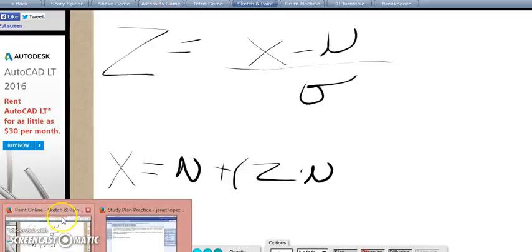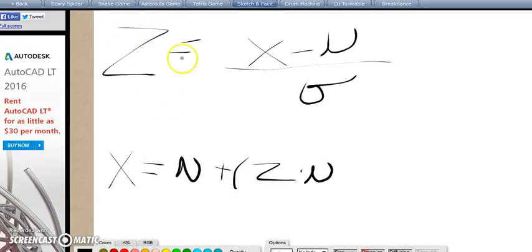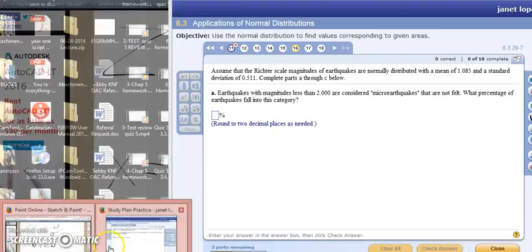So first you want to write down this formula: Z equals X minus the mean divided by the deviation, because we're trying to get the z-score.